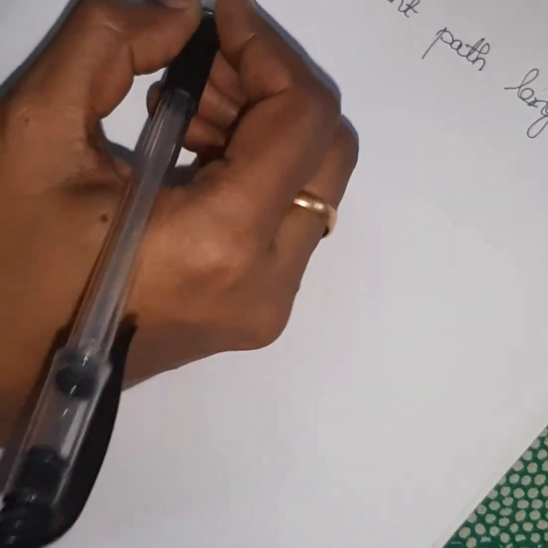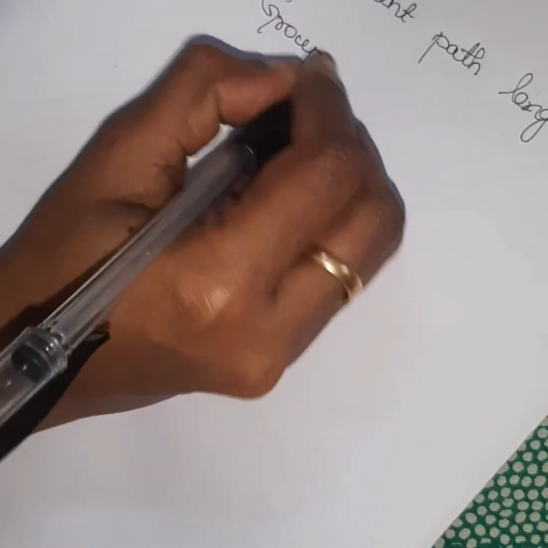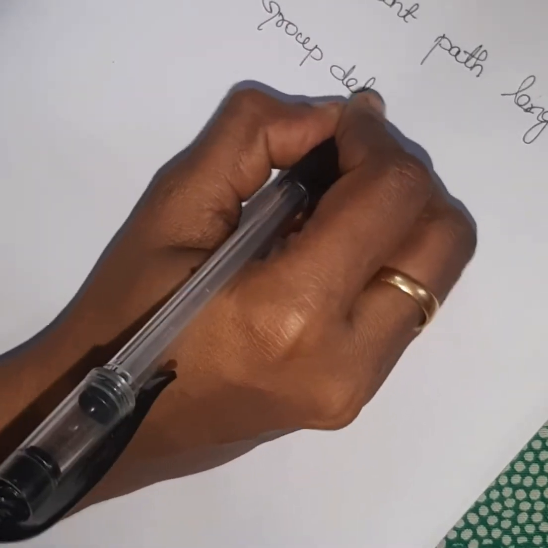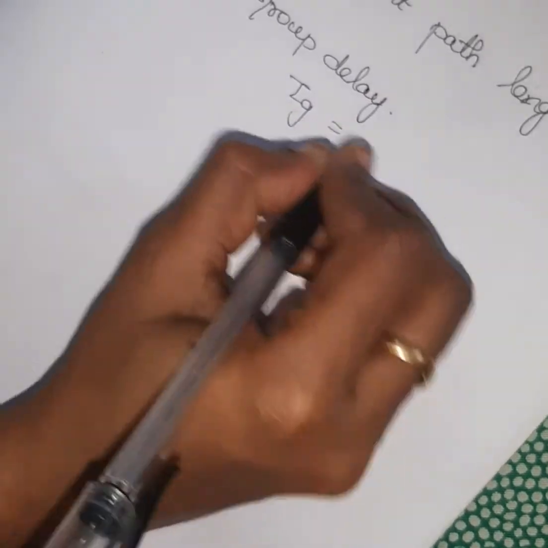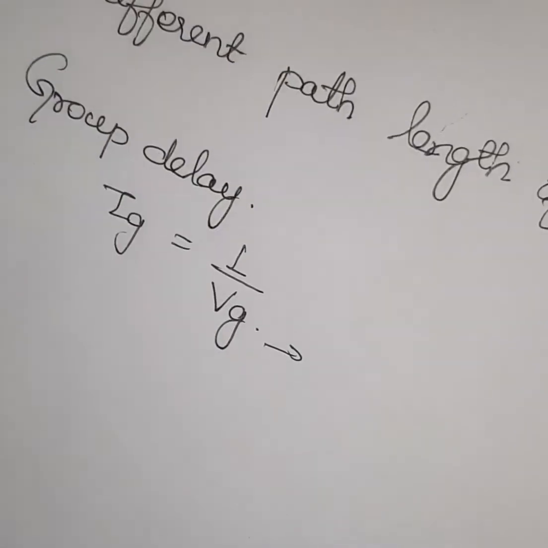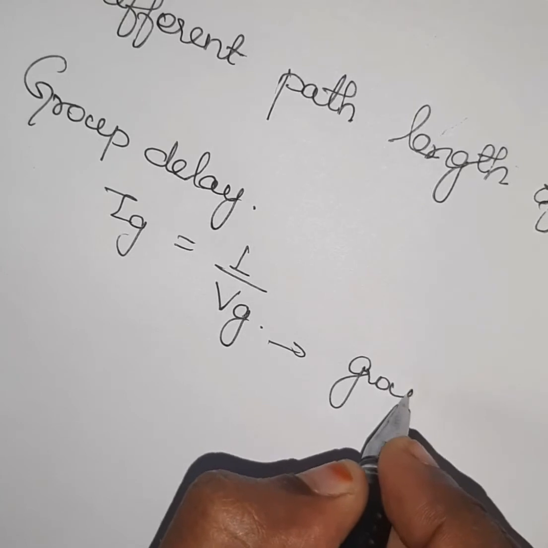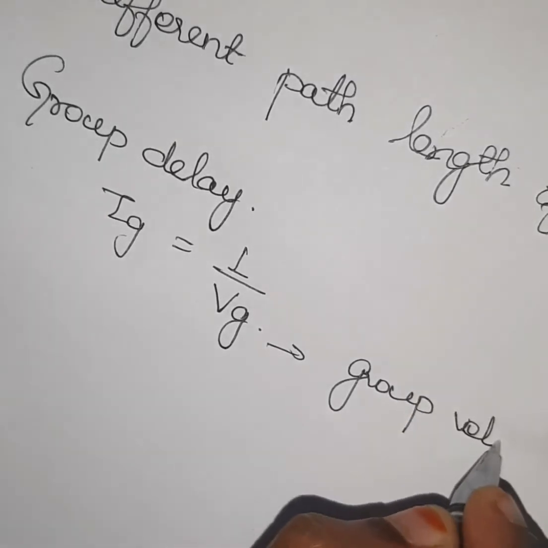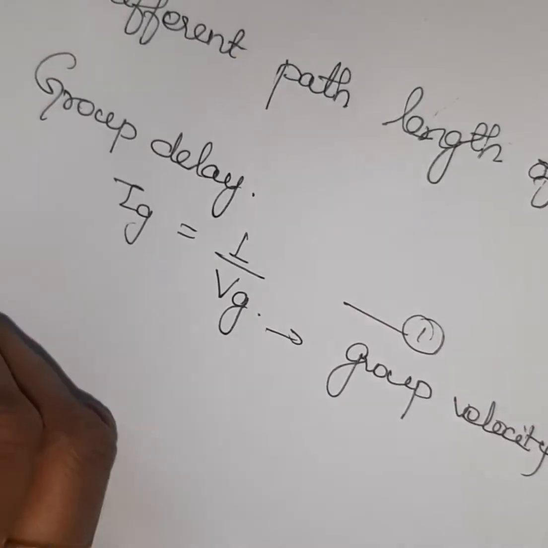So if you see the derivation part, normally the group delay is given by tau g is equal to L by Vg, where Vg is the group velocity. Take this as equation number 1. Now take this L to the other side.